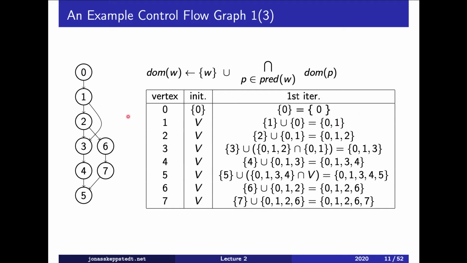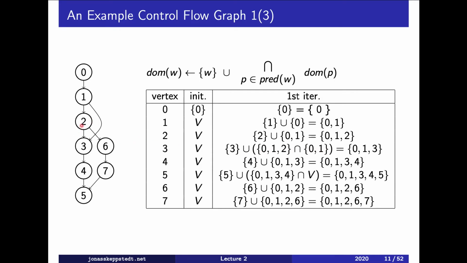And 2, it will get the 2 and these. 3, it will get 3 itself, and then the intersection of the dominator sets of each predecessor.